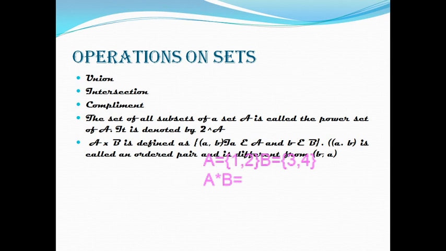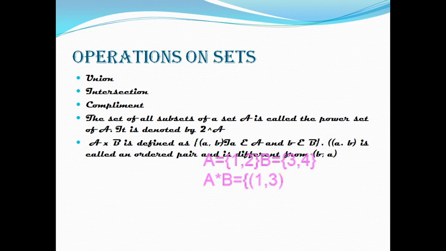So what is A cross B? A cross B is defined by ordered pairs such that the first element is from A and the second element is from B. So the first element I take 1, the second element from B, 3 or 4 can be taken.